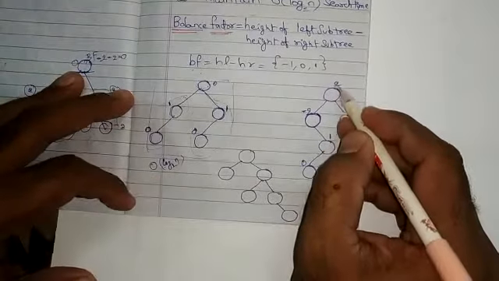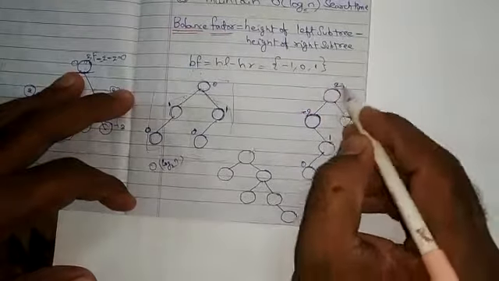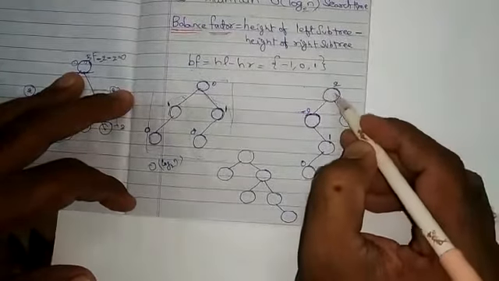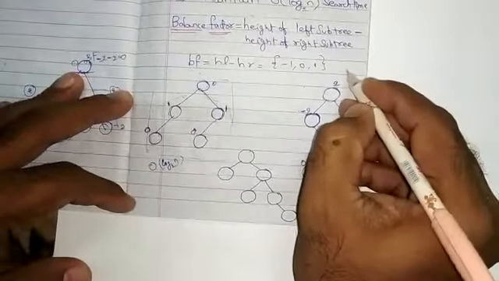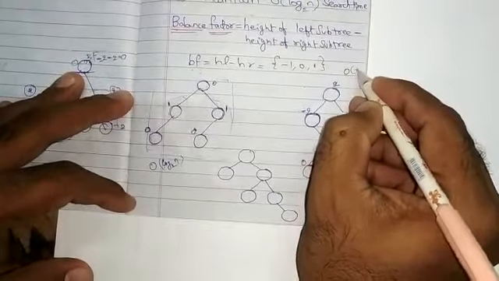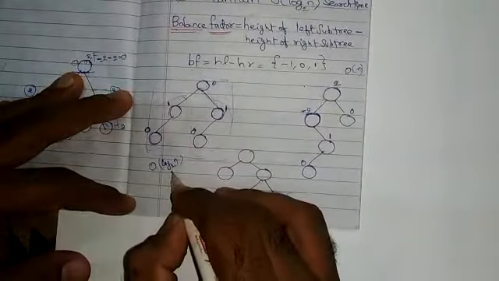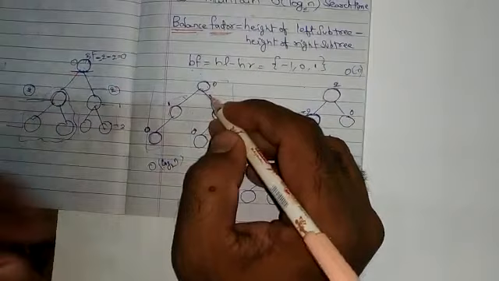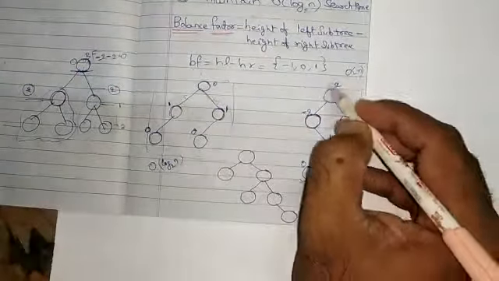No, because the balancing factor should be -1, 0 or 1. Then only we can say the tree is balanced. If the tree is not balanced, then it gives a worst time complexity of big O of n. Which is better, a big O of n tree or a big O of log n tree? Big O of log n tree. We can search any element within less time compared with the other tree.